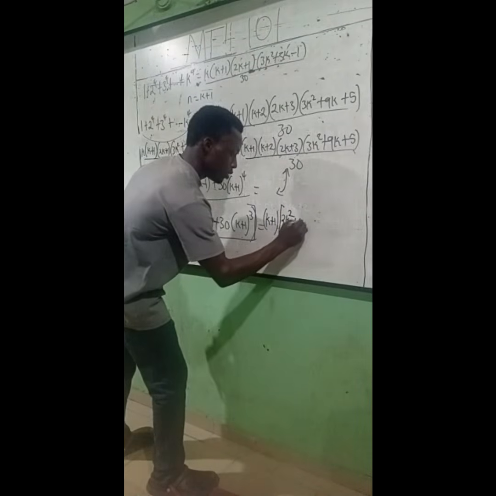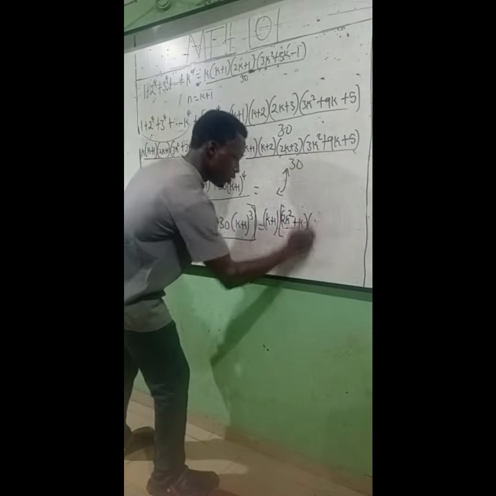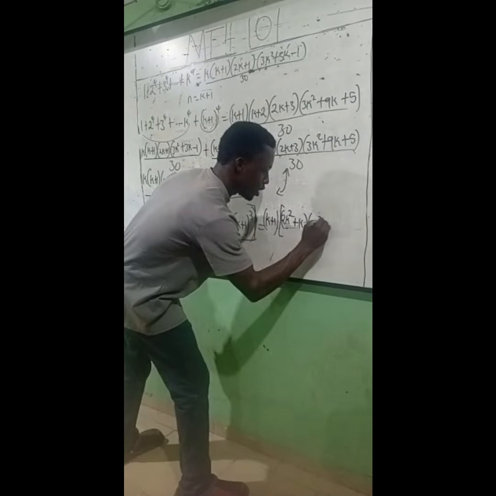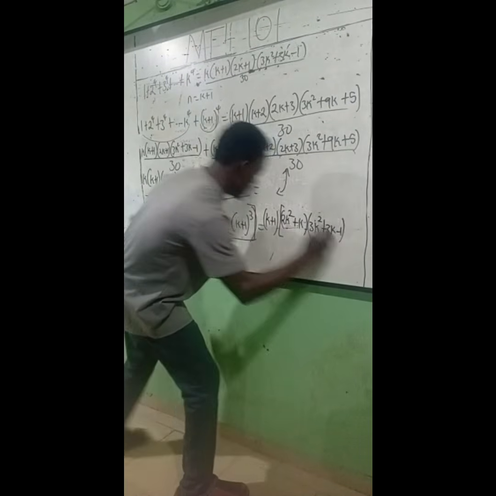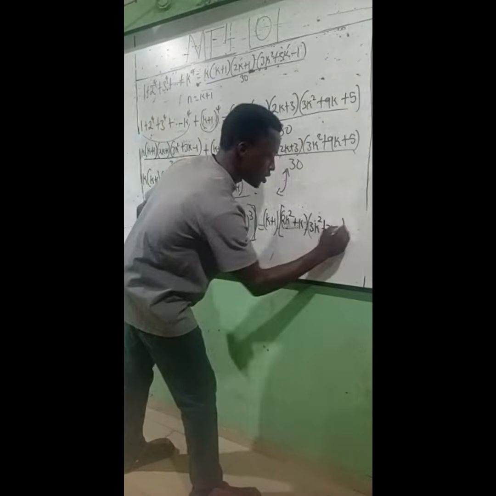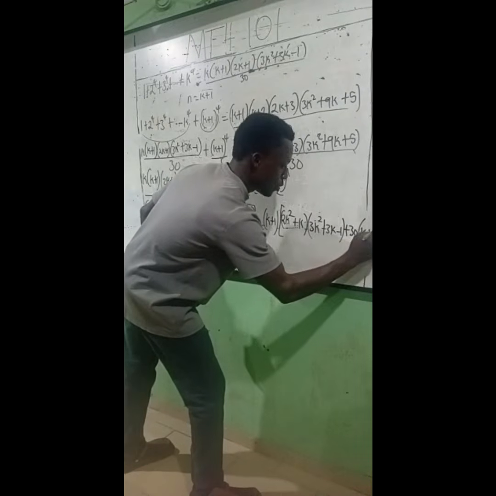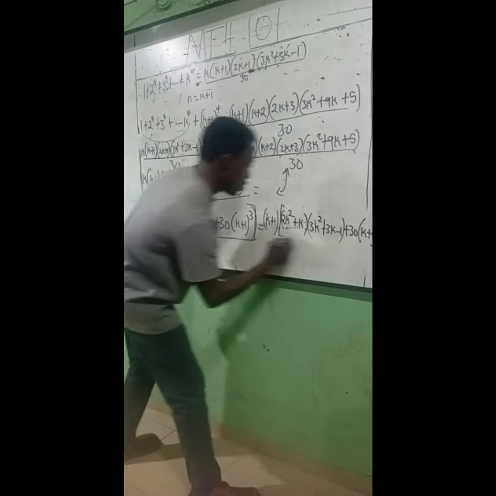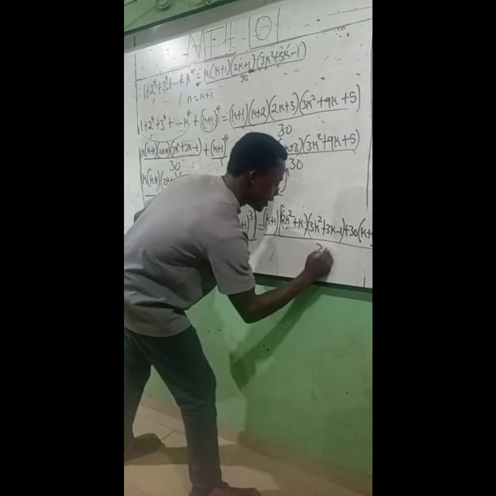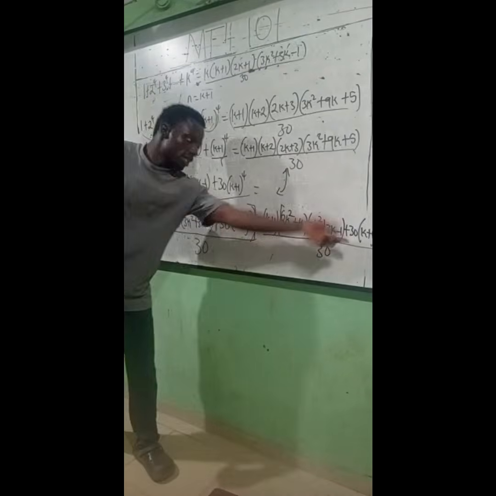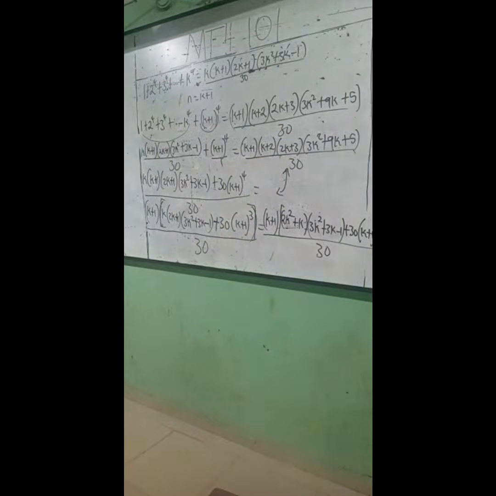K times 1 plus k, open bracket 3k square plus 3k minus 1, then we have plus 30 into k plus 1 cube over 30. Is it clear to that part? I just use this k to multiply 2k plus 1 to give him this. Then I wrote everything back. So now let's write it before I change the board. Should be clear.